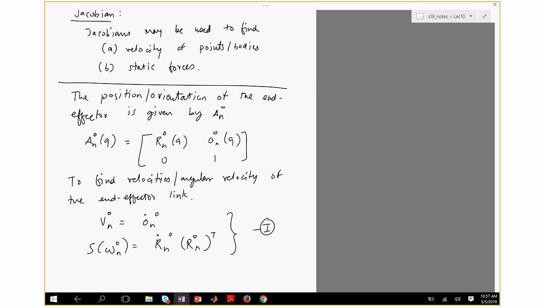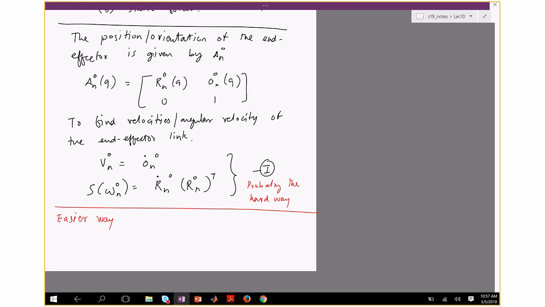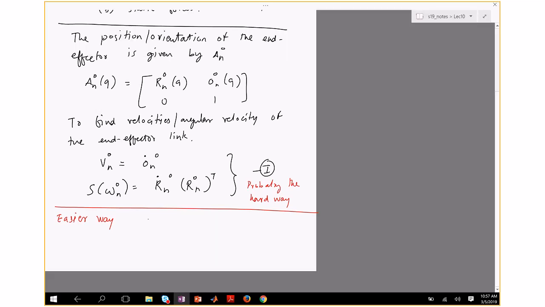Now what I'm going to do is make your life easy by showing you that you can write this differently. This is probably the hard way. So the easier way is this: we're going to write V_N^0 as J_v q dot, where q is the degrees of freedom, could be rotation or translation, and omega_N^0 is J_omega q dot.